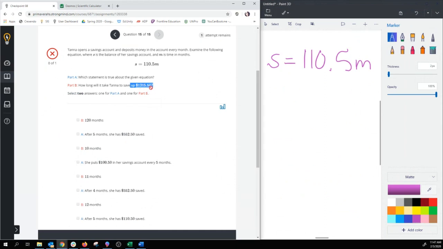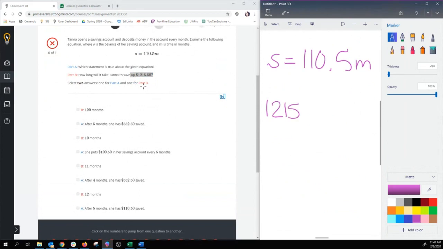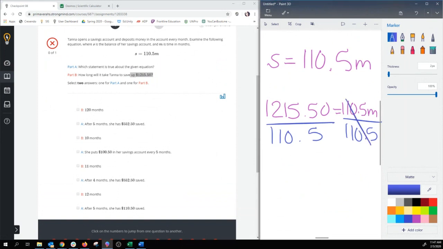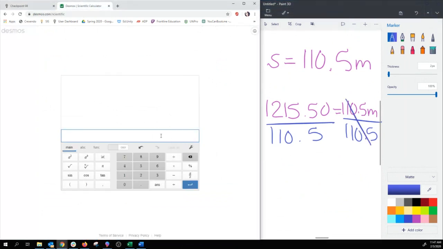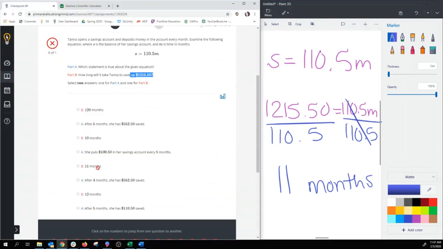So if this is how much money she has saved, I'm going to put this big number in for S. So I'm going to have 1,215.50 equals 110.5 M. To solve for M, the opposite of multiplication is division. So I'm going to divide both sides by 110.5. If I type this in, it tells me that it will take her 11 months. So part B here is 11 months.